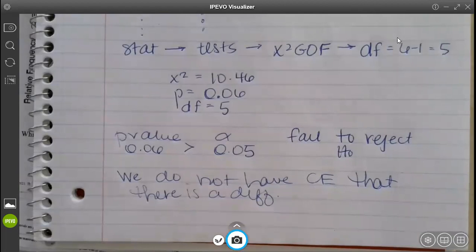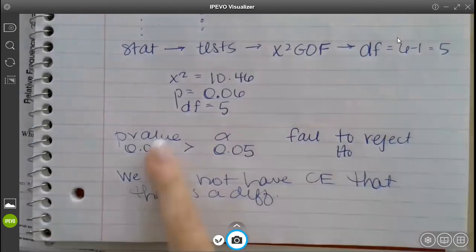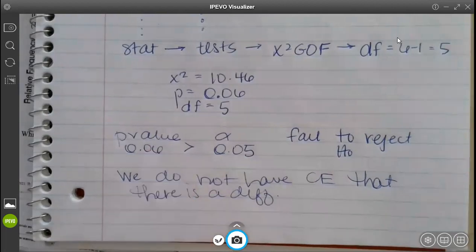The only thing that I think you should have been confused on is which test to use. Everything else, we've been doing that for weeks. Is everybody good? So correct E if you compare the p-value to alpha, or fail to reject the null and state the conclusion. So doing all three of these will get you full credit.